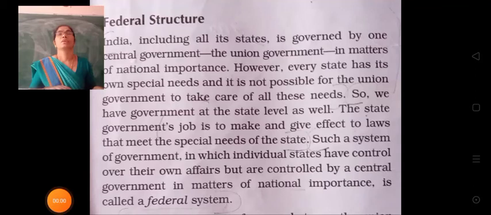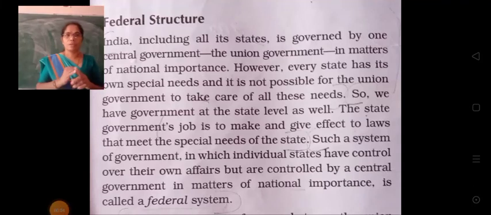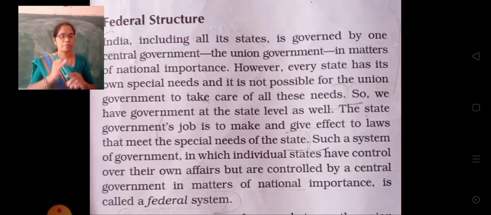Dear students, today we are going to learn about the important features of our Indian Constitution. In the last class we already learned what a constitution is, why a constitution is needed, and about India's constitution.